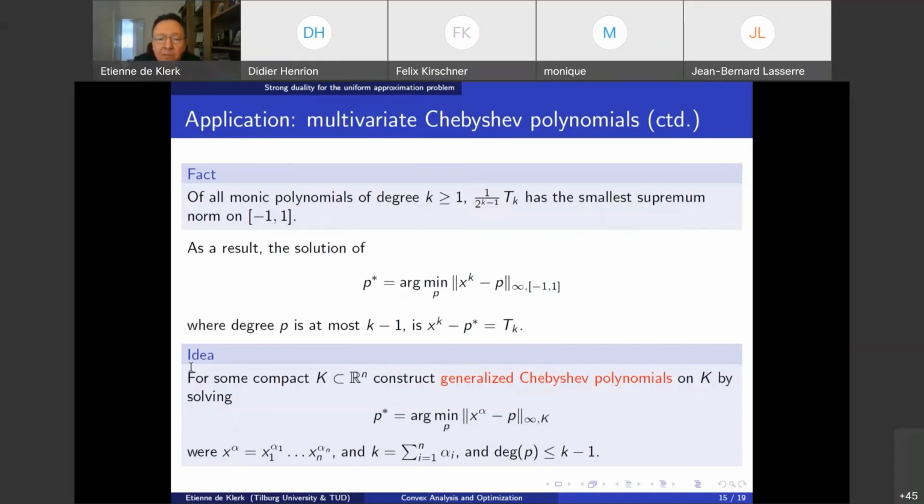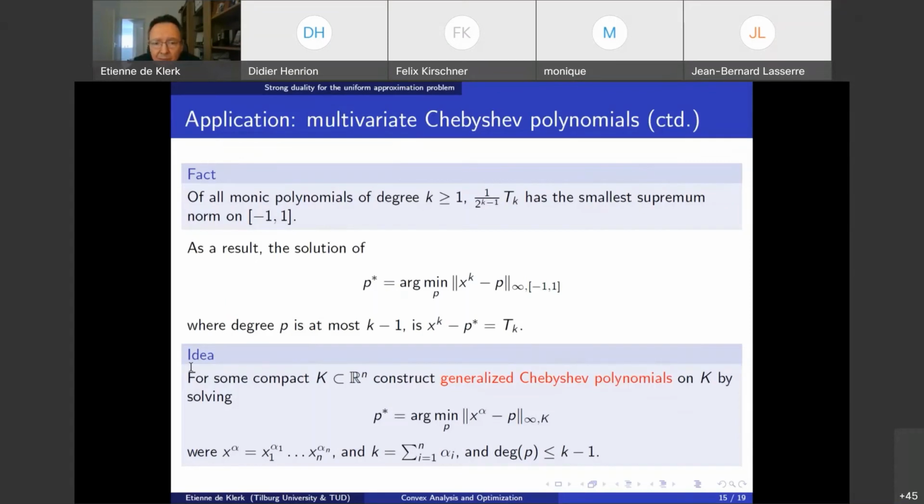The simplest way is just to multiply univariate Chebyshev polynomials together, and then you get multivariate polynomials that have orthogonality properties and so on with respect to the right measure. But then you don't really get a basis in the multivariate space because you have too many of these products of univariate Chebyshev polynomials. You just get a spanning set.